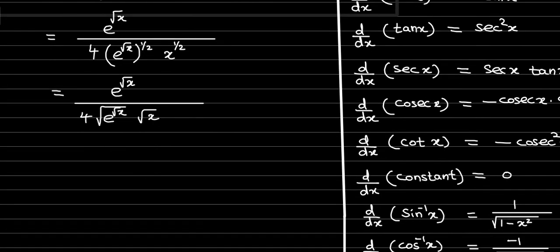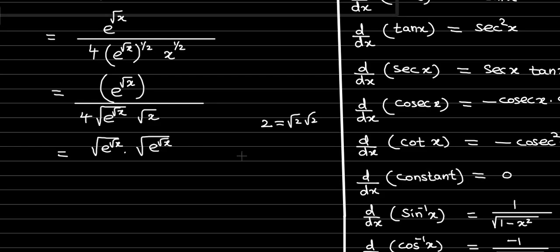Here, if you notice, this e power root x is basically like 1, right? Suppose it is 2, then 2 can be rewritten as root 2 into root 2. In the same way, I can rewrite e power root x as square root of e power root x into square root of e power root x.